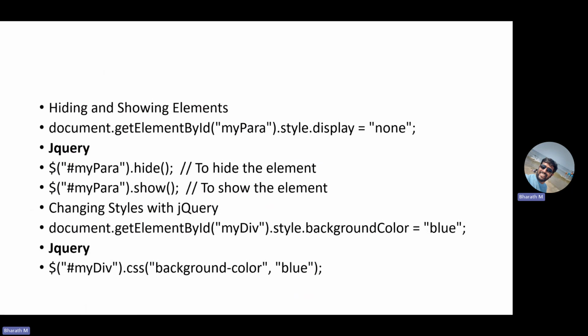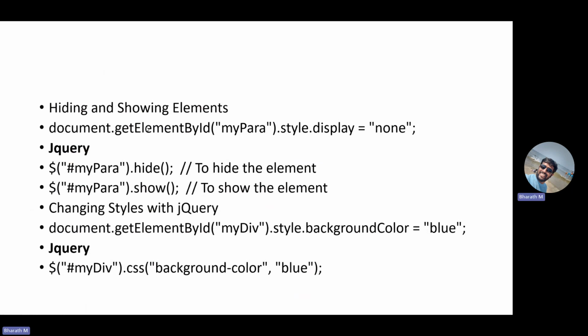Dot css is a built-in part you can consider, wherein you can specify what color or any other customizations you want. I think I added one more point in the notes part: if you want to add multiple styles or multiple elements within this css, what syntax to be used. Okay.